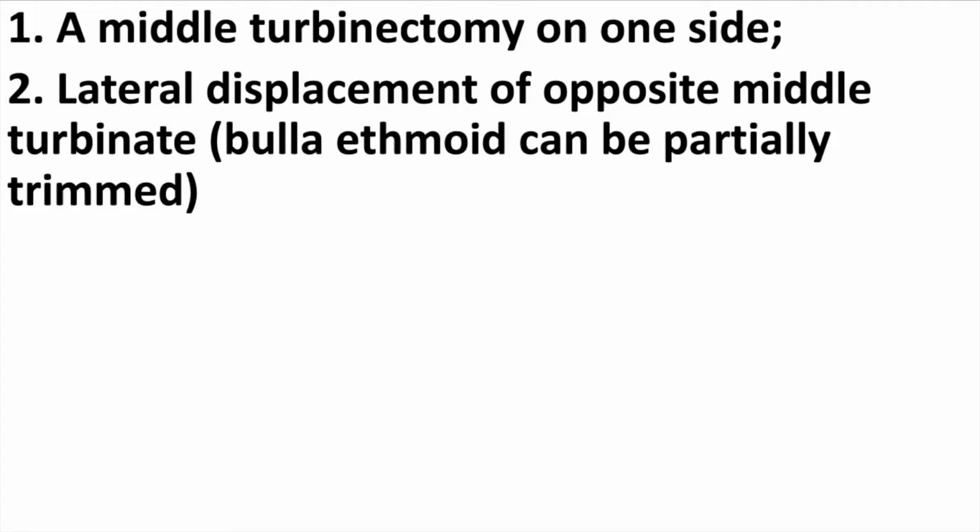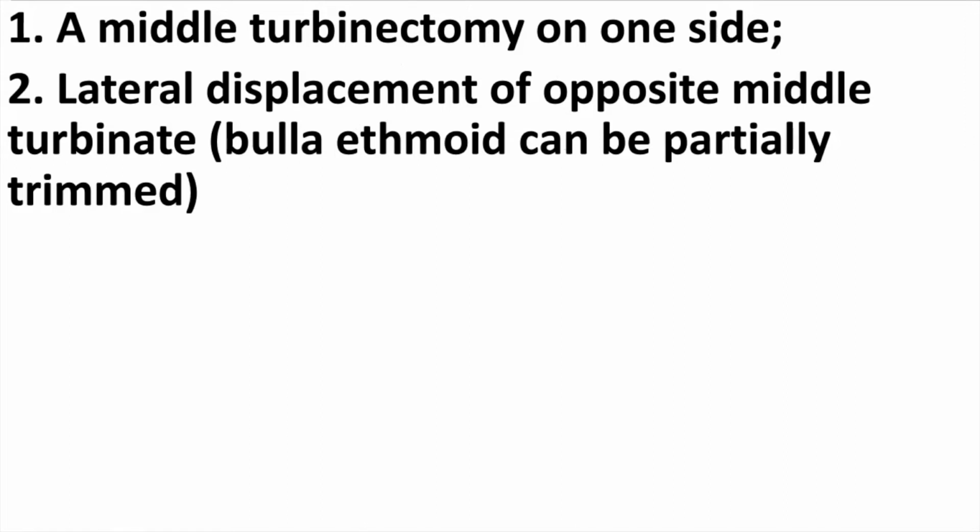So you can either just puncture the bulla ethmoidalis, the air will come out, and in that case, you can do better displacement, or you can partly remove the bulla ethmoidalis if it is too much pneumatized. If you have a smaller lesion, some people also do lateralization of both middle turbinates, but I prefer partial turbinectomy of one side and lateral displacement of the other side middle turbinate when the lesion is large and we require an extended approach.